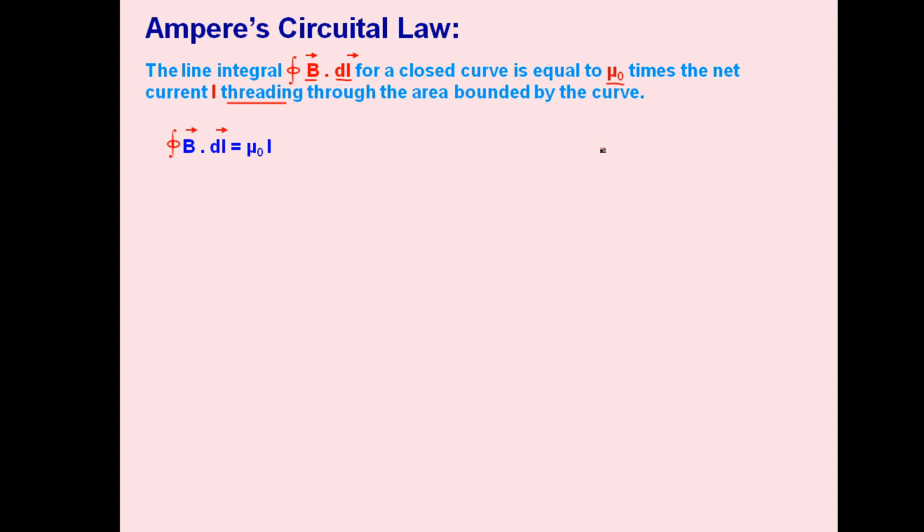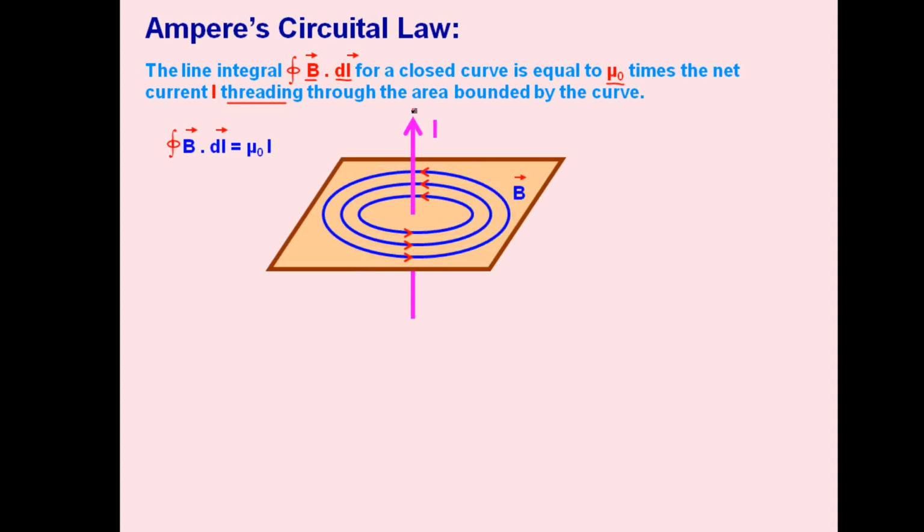Suppose we have closed integral of B dot dl equals mu naught I. This means this is the wire carrying current in upward direction as I. This is a certain closed path through which current I is passing. So this is called current threading the path. We can say basically current into number of turns, and it is equivalent to mu naught times I, which is equivalent to B dot dl.